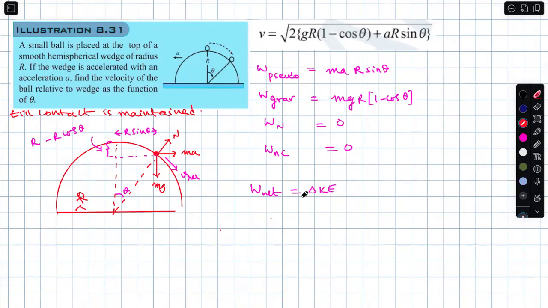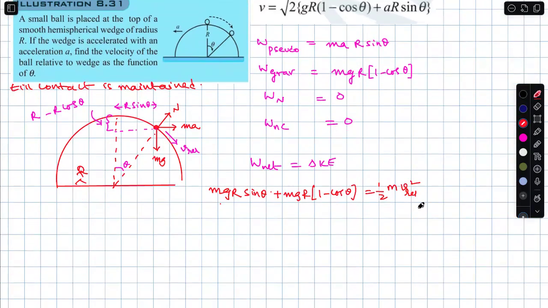So what is the net work done? Add all. Which is nothing but mAR sin theta plus mgR (1 minus cos theta) equals half m v relative squared. Now you say I have applied the work energy theorem in the reference frame of the wedge. My pseudo force is mA, right.